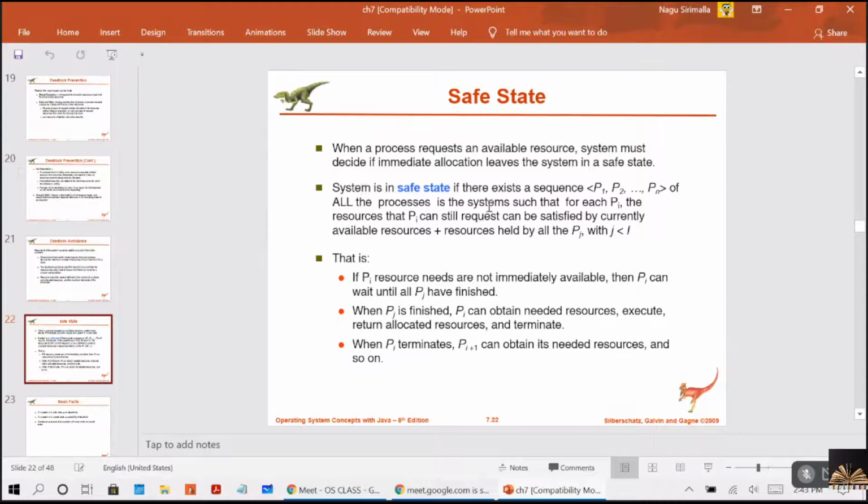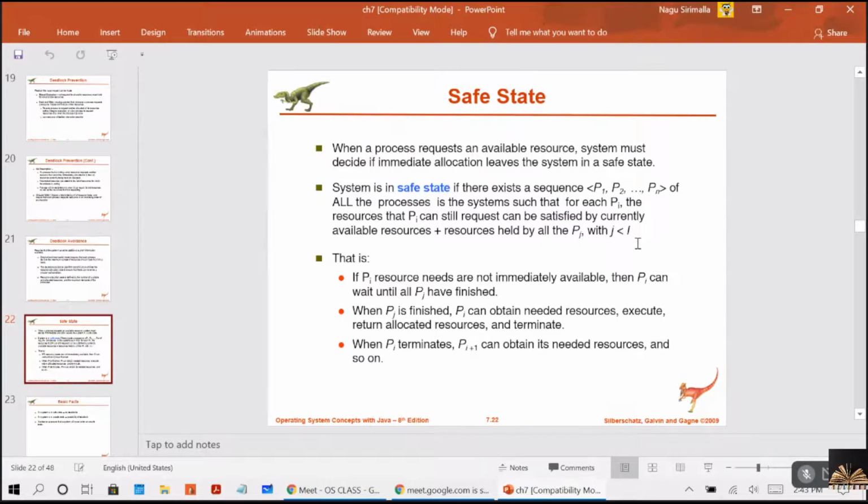The system is in safe state if there exists a sequence P1 to Pn of all the processes such that for each Pi, the resources that Pi can still request can be satisfied by the currently available resources plus the resources held by Pj with j less than I.